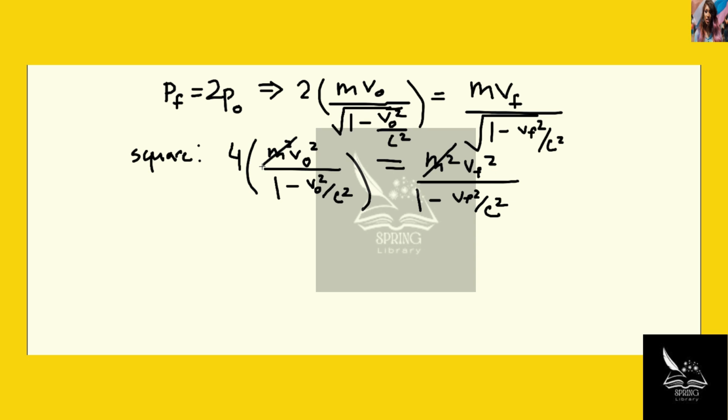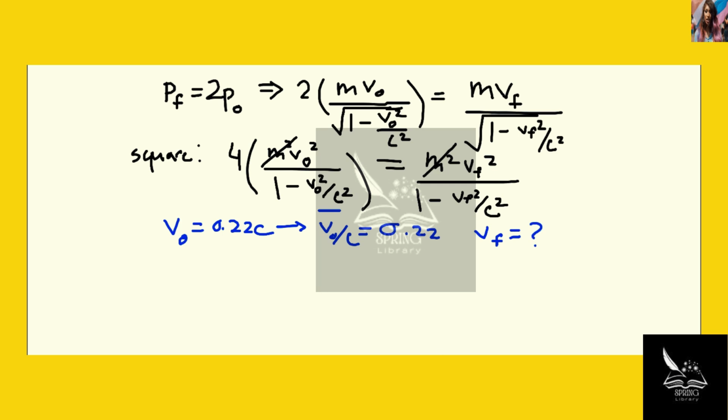Your m squareds cancel, and you should note here that v naught is 0.22c, which means that v naught over c is 0.22. So all you need to do here is take the square of 0.22, and you have v naught. So what you need to do here is find Vf.